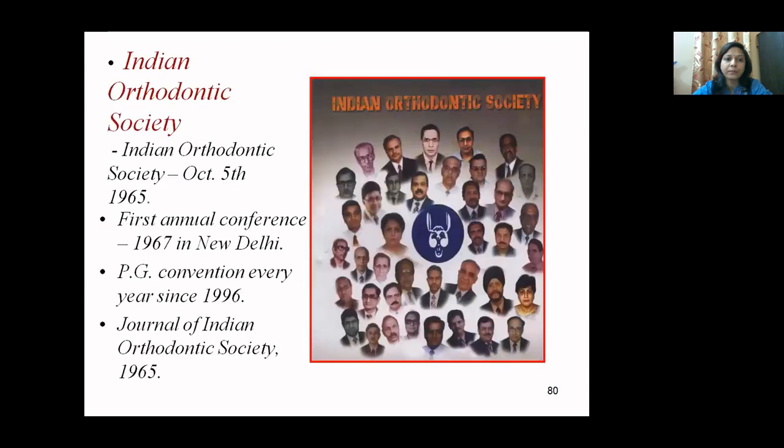The Indian Orthodontic Society was founded in 1965, and the first annual conference was held in 1967 in New Delhi. The first PG convention has been in progress from 1996 till now, and the Journal of the Indian Orthodontic Society was established in 1965, which publishes various scientific articles from different authors.